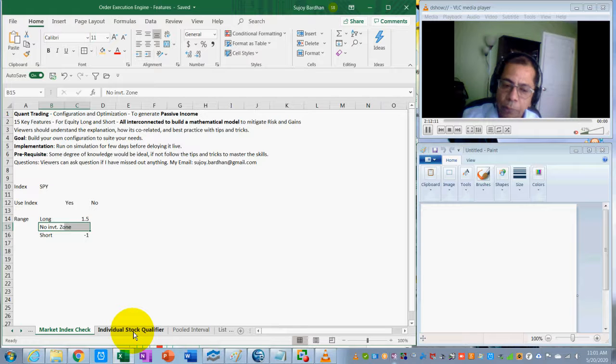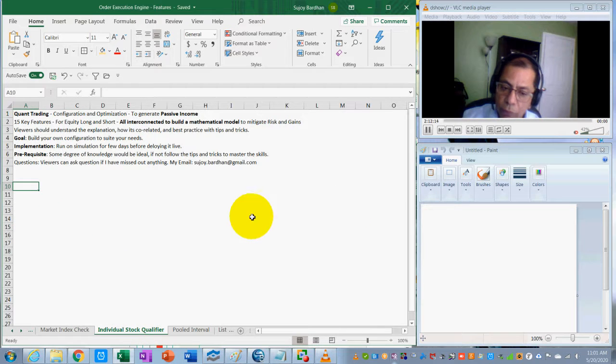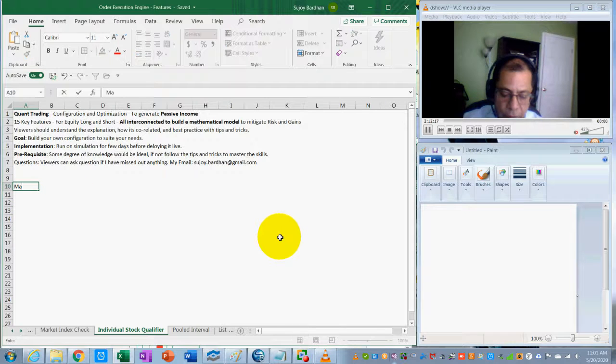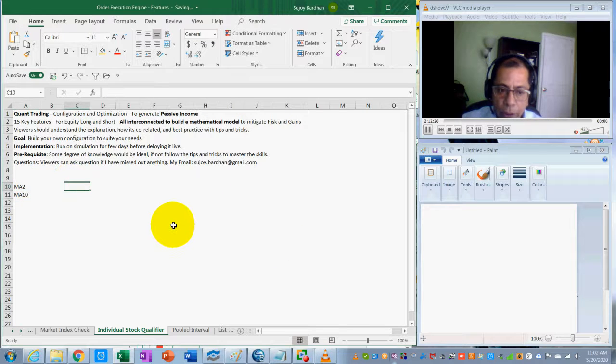But now going forward with individual stock qualifiers, what you are basically looking into is a lagging indicator all the time. Say for example, you might be looking into moving average 2 versus moving average 10, or you could be looking into something like moving average 5 over moving average 20.